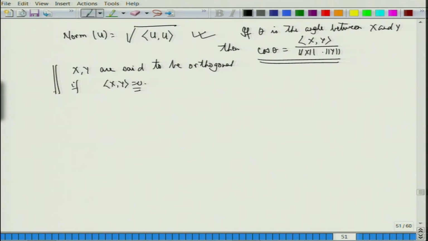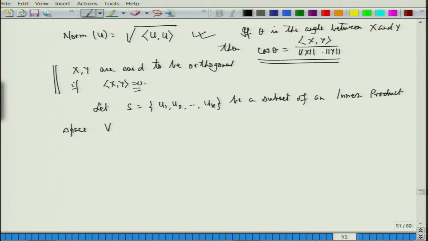Fine. Then there was a notion of what was called orthogonal complement. So let me write that. Let S be a subset, say u1, u2, up to uk, of an inner product space V. Then we talked of the notion of what is called S-perp.